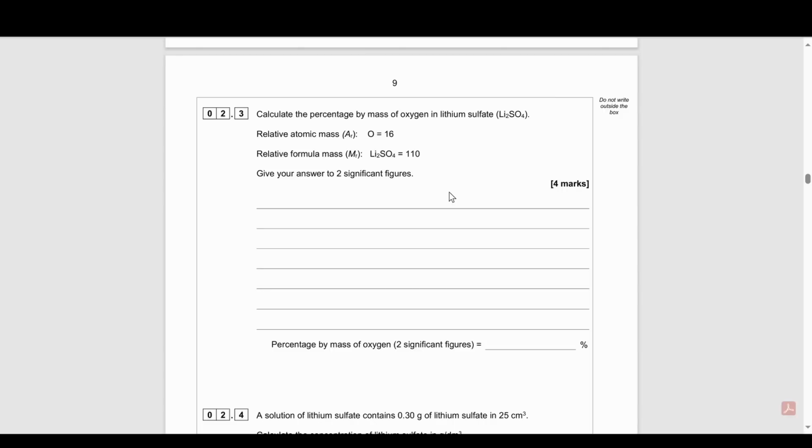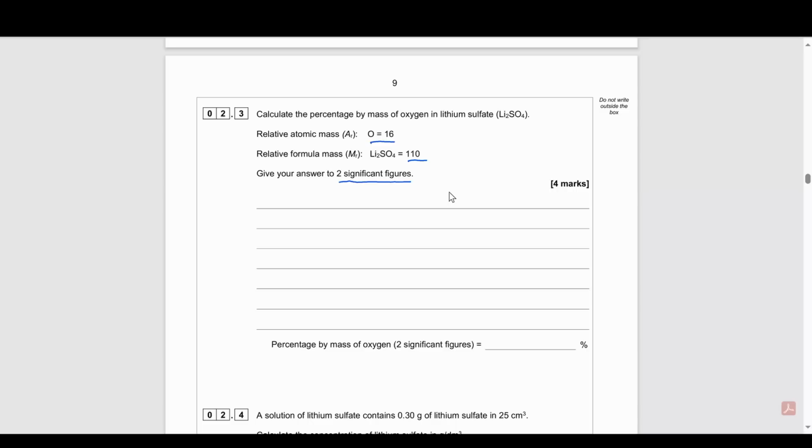2.3. Calculate the percentage by mass of oxygen in lithium sulfate. The relative atomic mass of oxygen is given, 16 again. But then they've given us the relative formula mass of lithium sulfate, which is 110. Give your answer to two significant figures, 4 marks. Right, so we need to find the percentage by mass of oxygen in lithium sulfate.